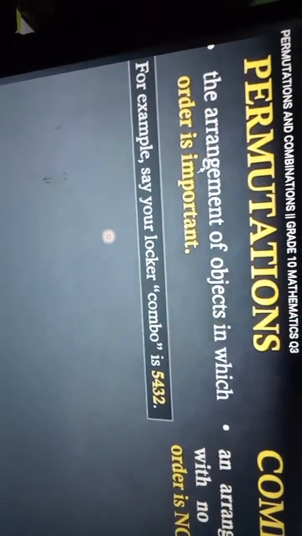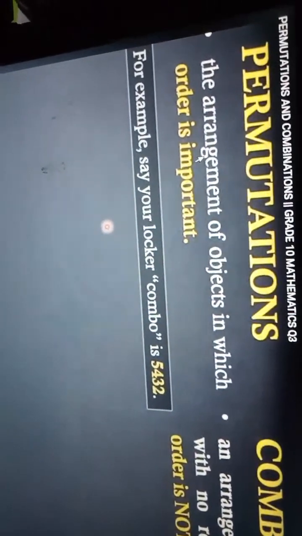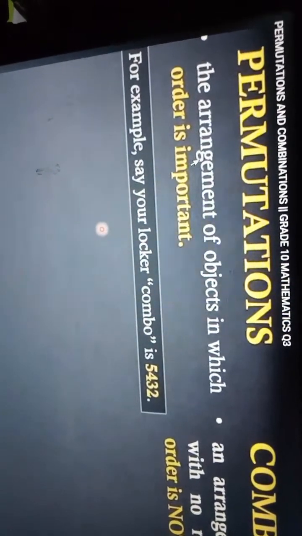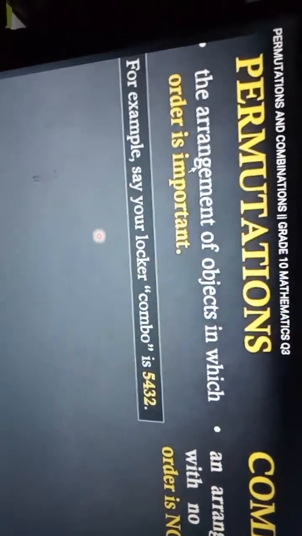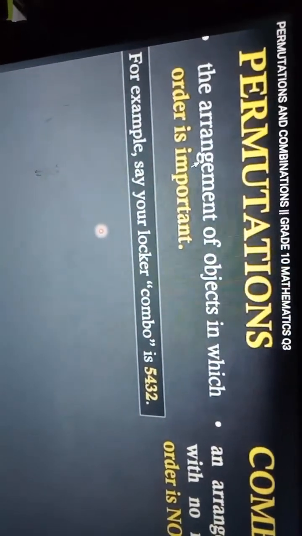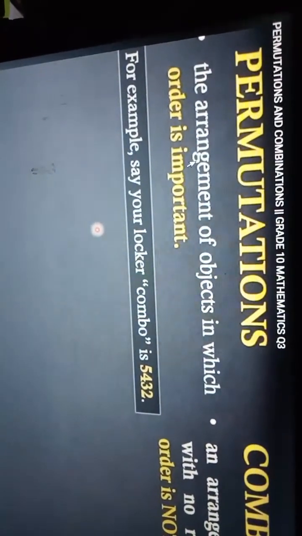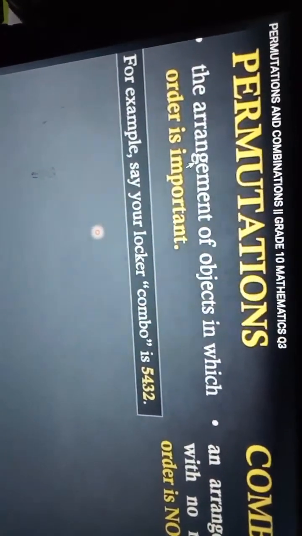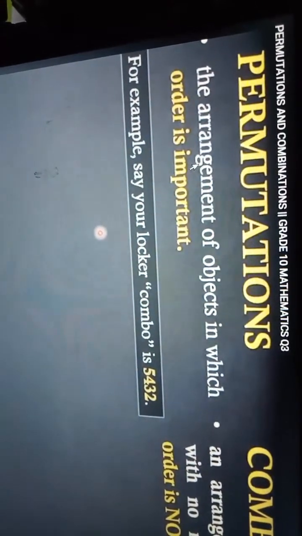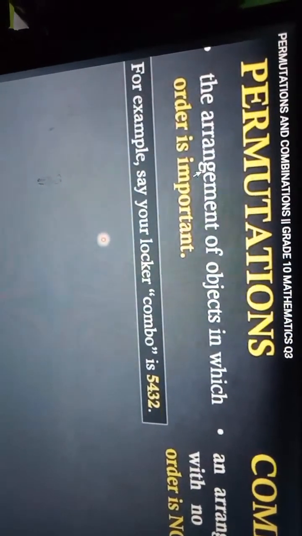After that, the study about the circular permutation. From the word itself, circular permutation can be used when you are finding the ways of a circular arrangement around objects.